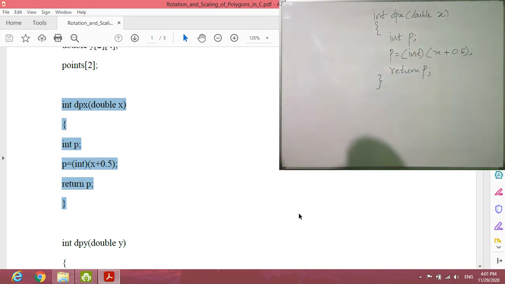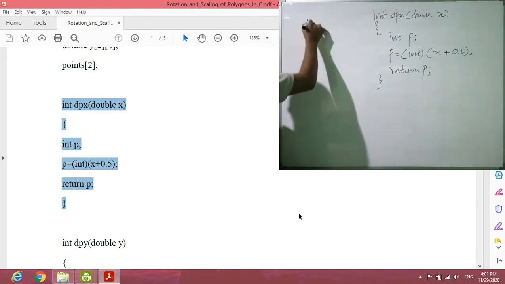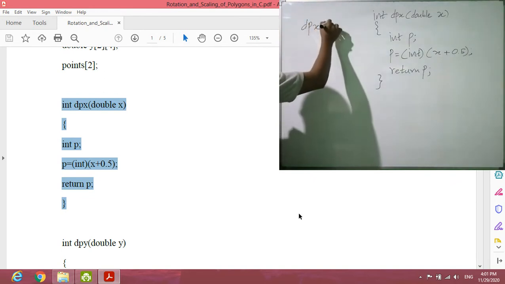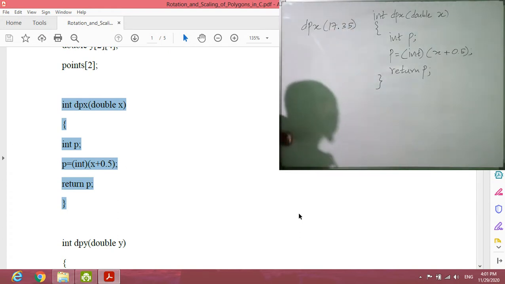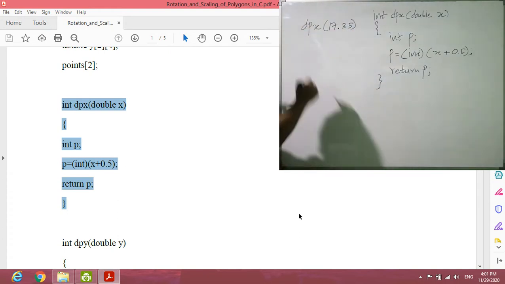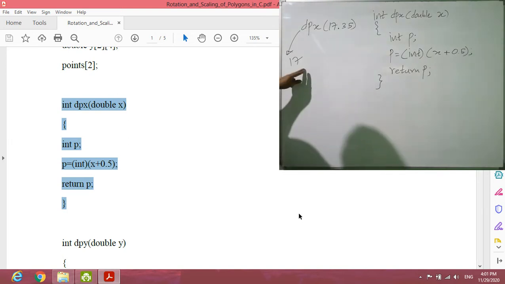The purpose of this one is, if you put a fractional number, dpx(17.335), this function will return 17.